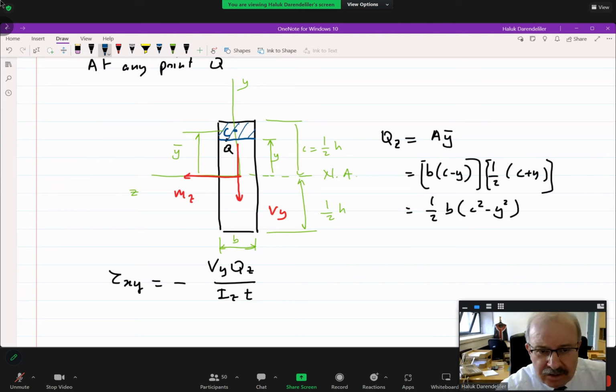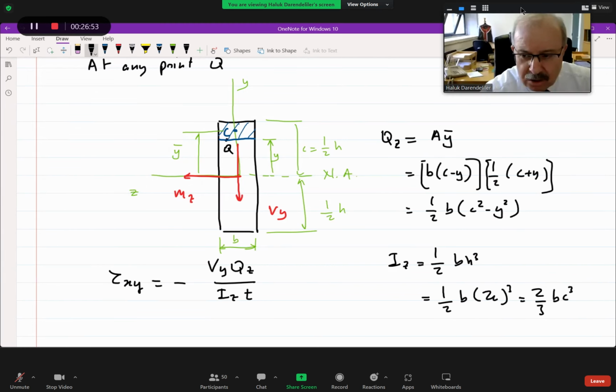What about Iz? You all know that Iz is the total moment of inertia. 1 over 12 b h cube is our classical equation. For this problem, b is again b, h is 2c, so it is equal to 2 over 3 b c cube.